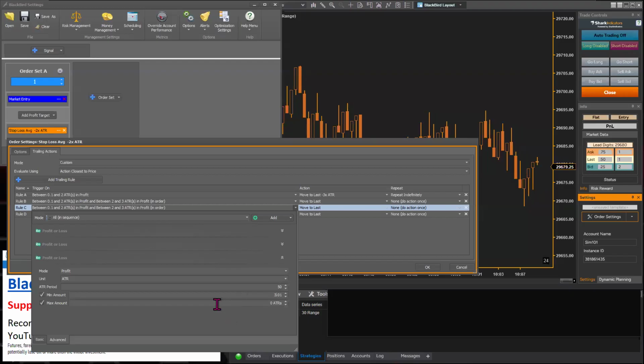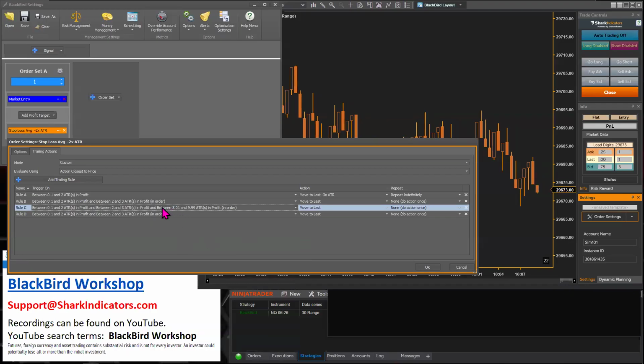There we go. 9.9. There we go. The mode, always just double check your mode just in case there. Still in sequence, so good. All right, so there we added our third trigger there for rule C.